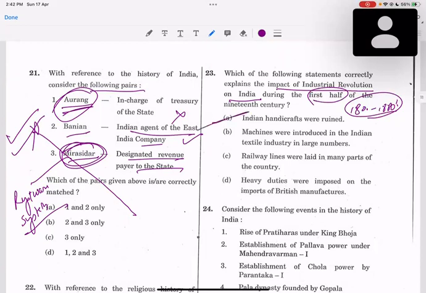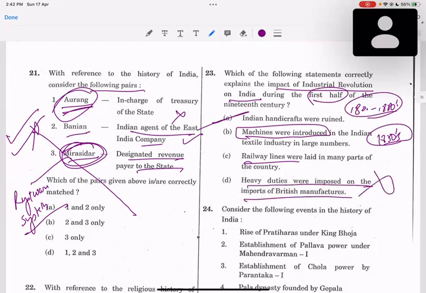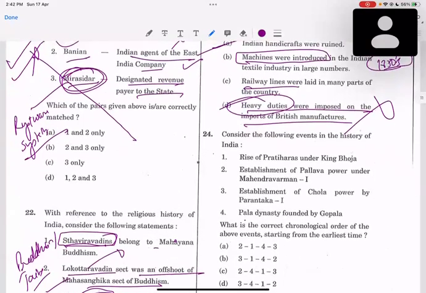So definitely the answer has to be A. Machines were introduced only post 1850s, when Indian jute and cotton mills and the textile industry got set up. Railways also came after Lord Dalhousie, in the 1850s. Heavy duties were imposed on the import of British manufactures. This is definitely a wrong option, because low duties were imposed. So it's a simple question.